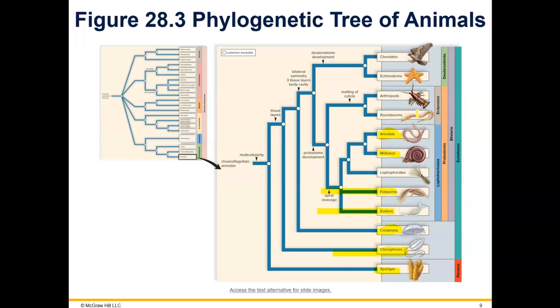Then we have 2 that are ecdysozoans, and that means they molt or shed. And that's going to be our roundworms, phylum Nematoda, and our arthropods, which is phylum Arthropoda.